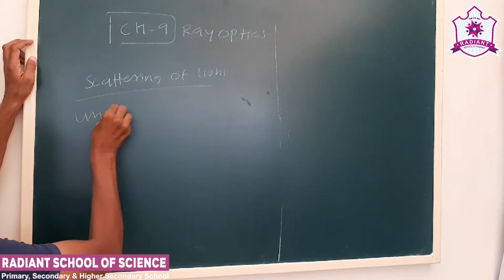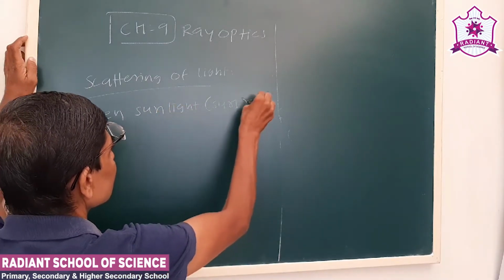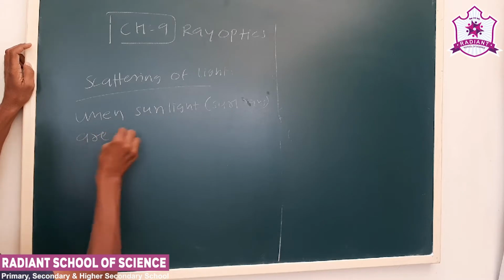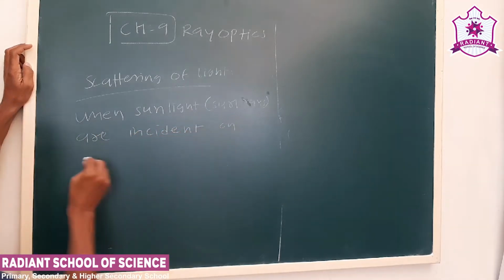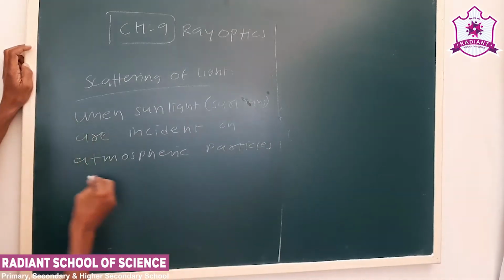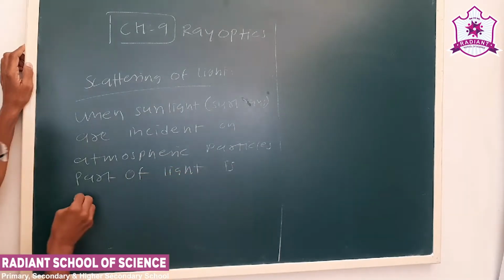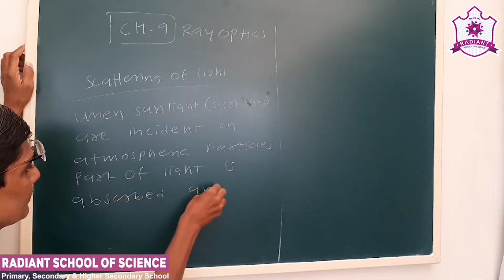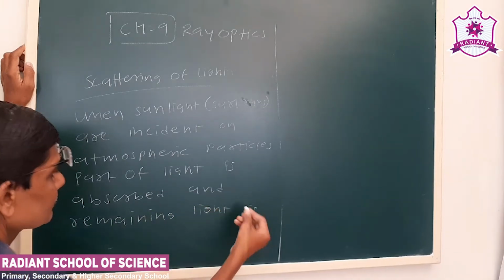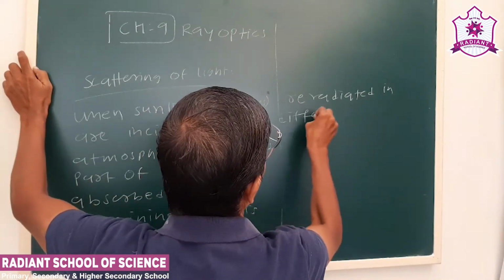See, when sunlight or sun rays are incident on atmospheric particles, part of the light is absorbed and the remaining light is re-radiated in different directions.